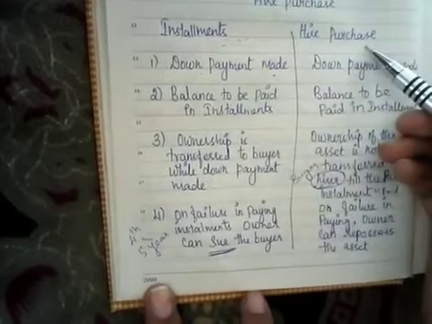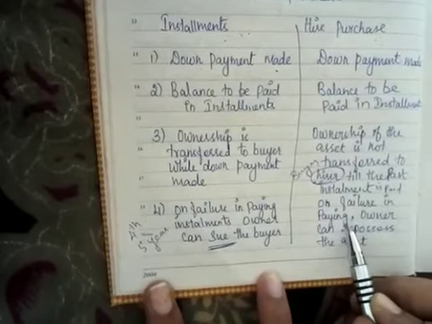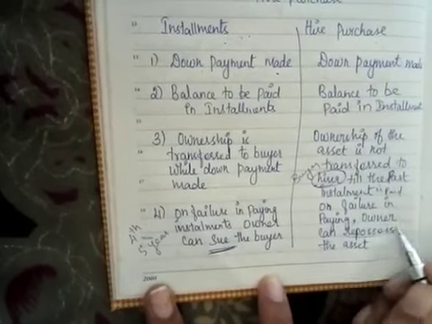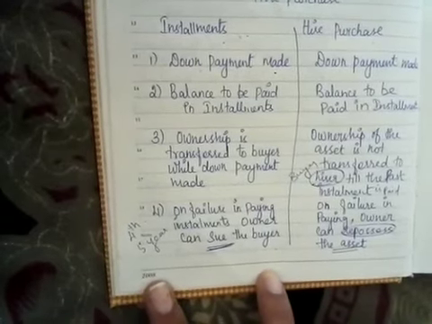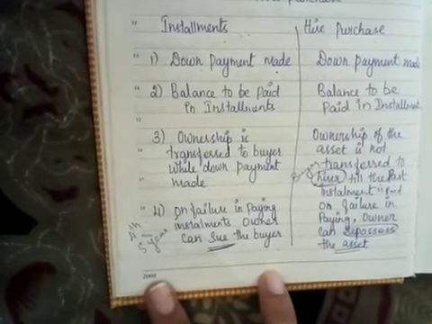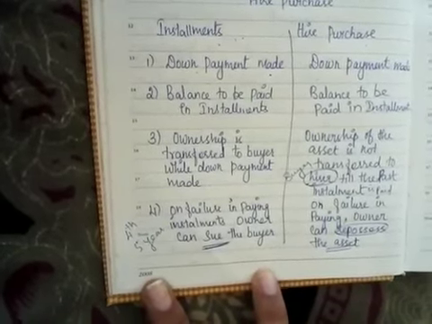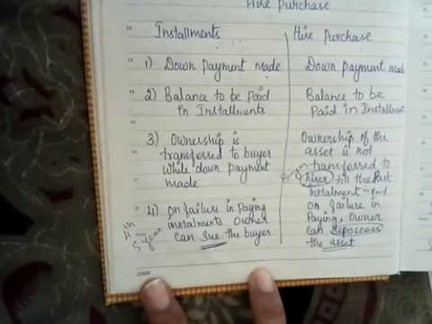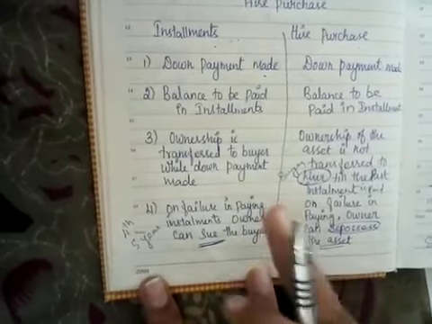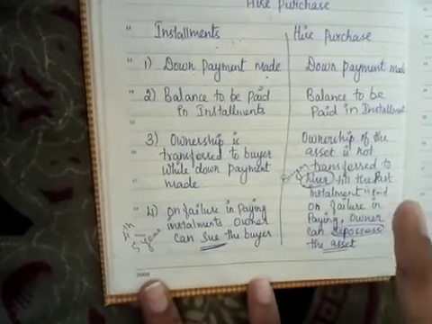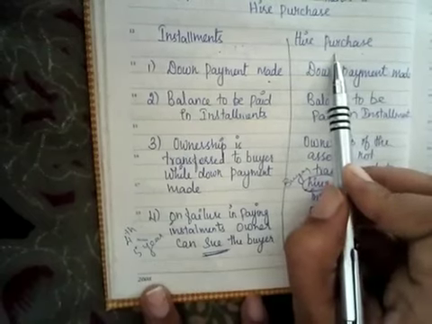But in the case of hire purchase system, on failure of payment, the owner can repossess the asset. In hire purchase, the car is repossessed by the vendor on failure of payment of the installment.